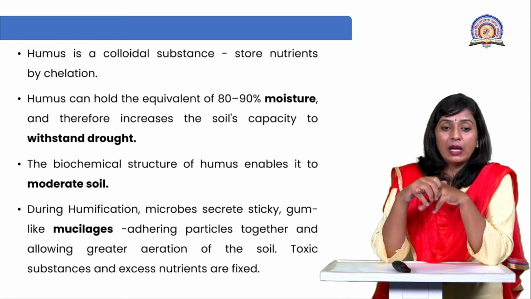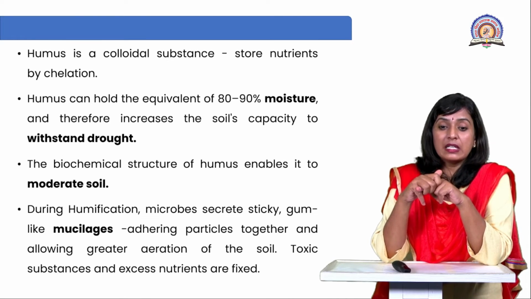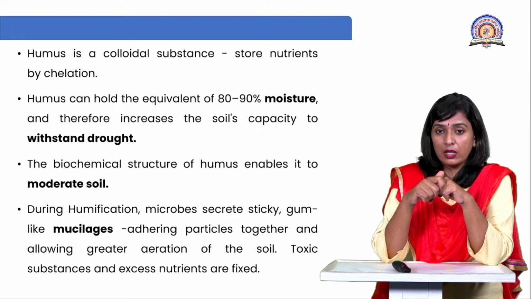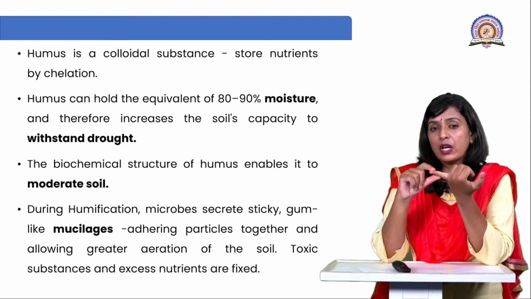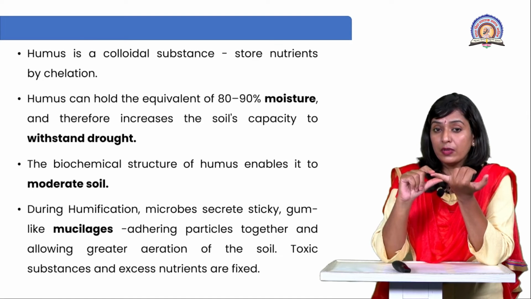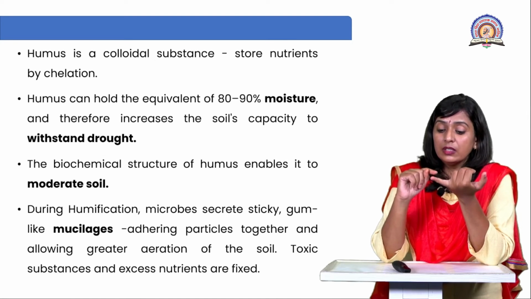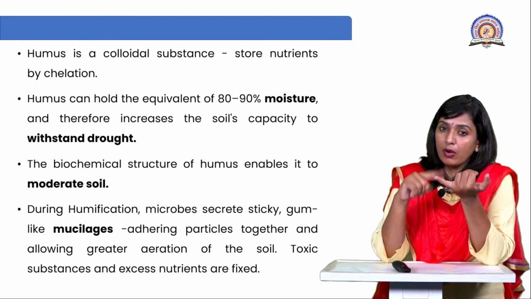Okay. So the biochemical structure of the humus enables it to moderate the soil because humus contains varieties of nutrients, right? Some of them are readily available, some of them are not readily available.